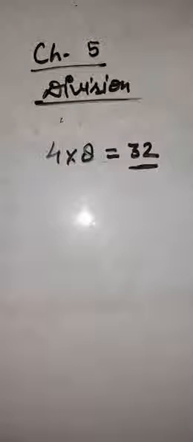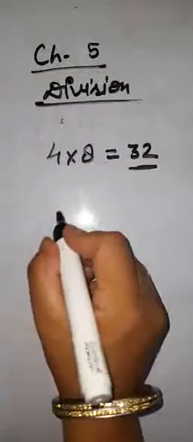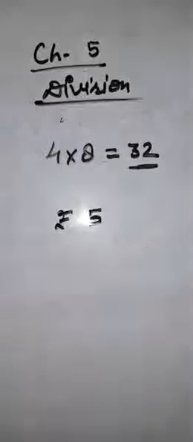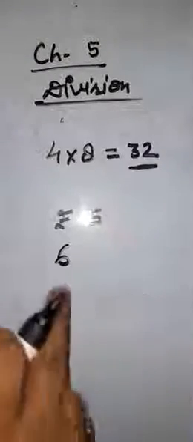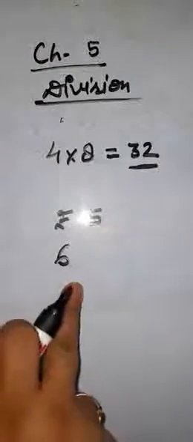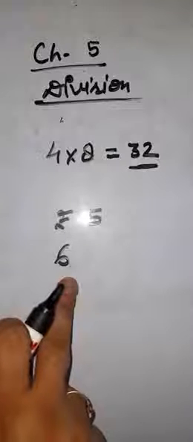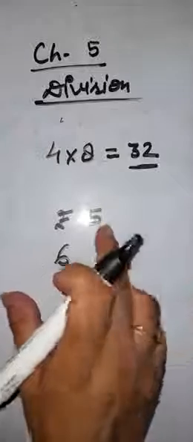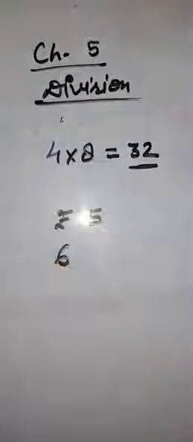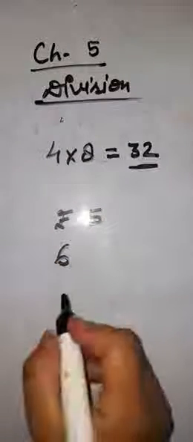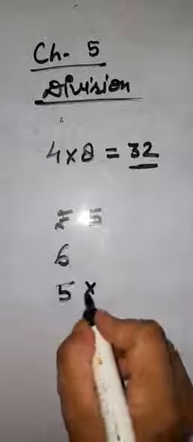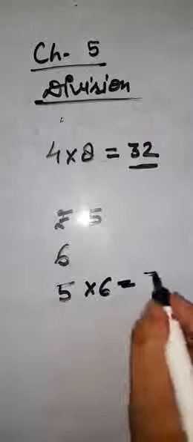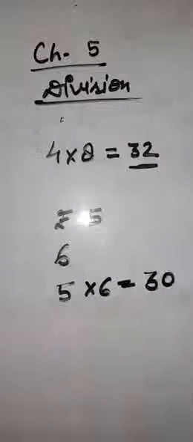If I am purchasing a chocolate of rupees 5, and I need 6 more of the same chocolate, the price of 6 chocolates is calculated by writing 5 multiply 6. It means 5 6s are 30.